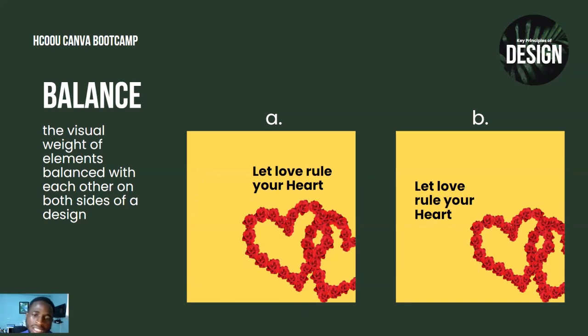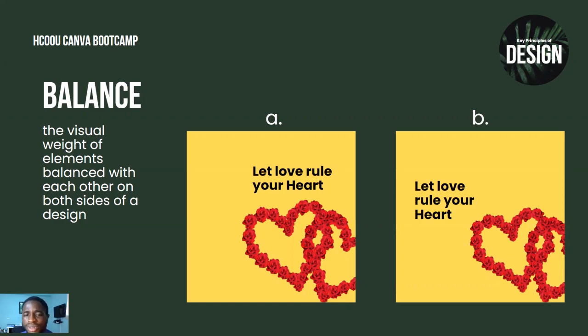Now design A says, "Let love rule your heart," and both the text and the visual element, the love petal clip art, are aligned to the right and leaving a lot of space on the left hand side of the canvas or the artboard, making it look one-sided. So we should have an imaginary balance scale in our minds as we design.